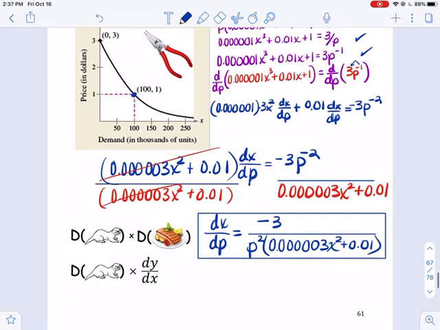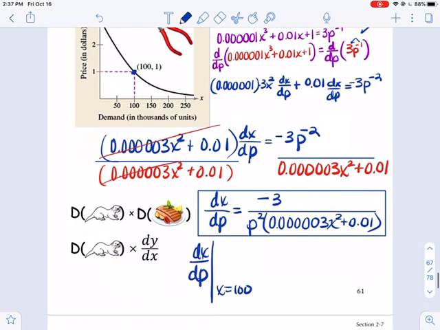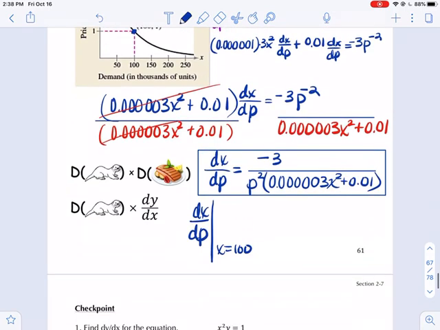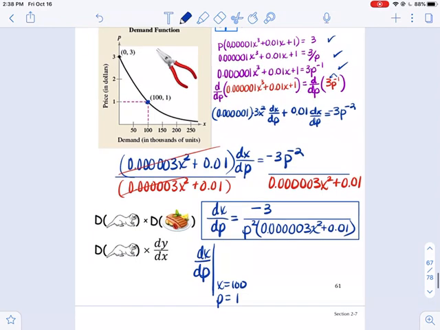So in our formula for dx/dp, we want it evaluated, of course, when x is 100, but then p is equal to 1. I gave you the graph for this because I wanted you to see dx/dp. The slope of what I'm looking at here is a little bit backwards, because on the graph you're looking at delta p over delta x.